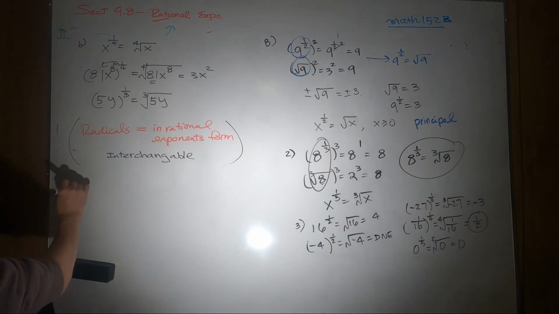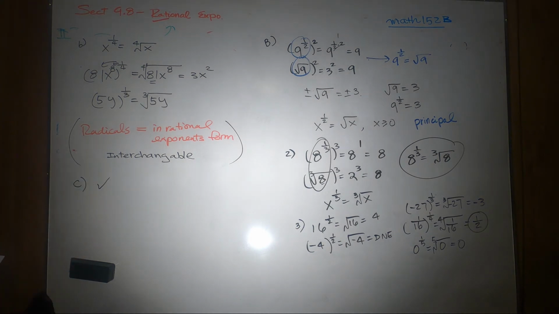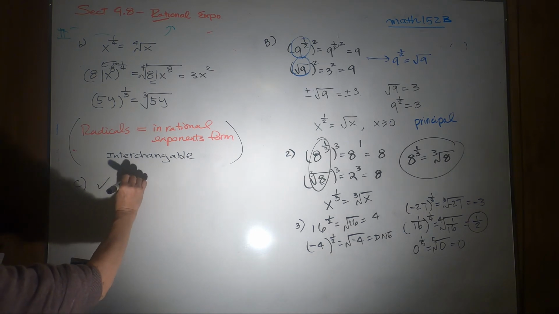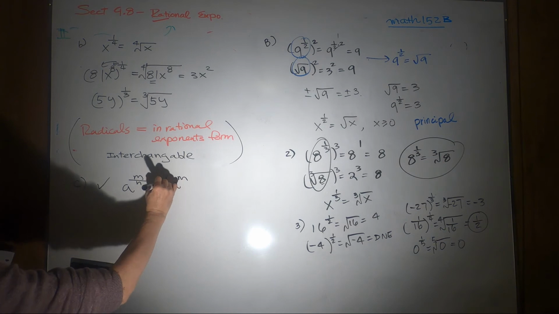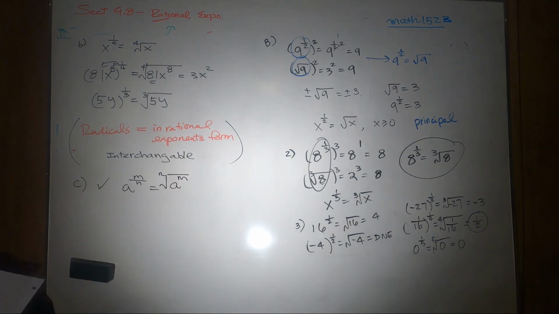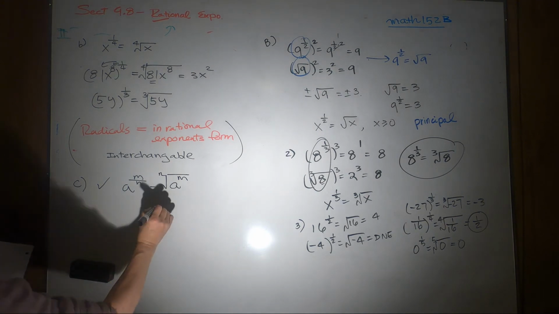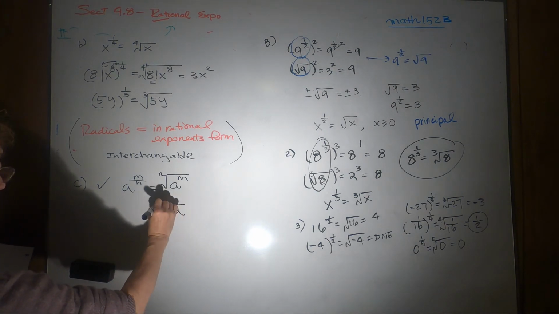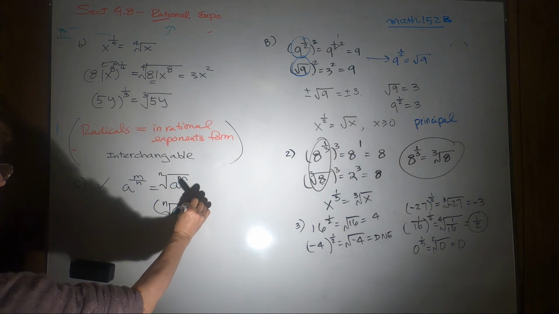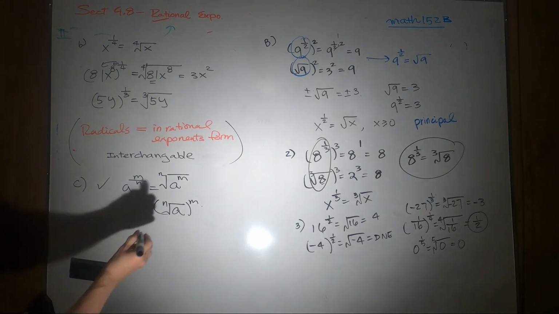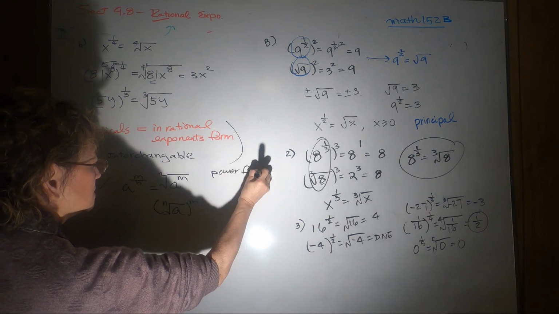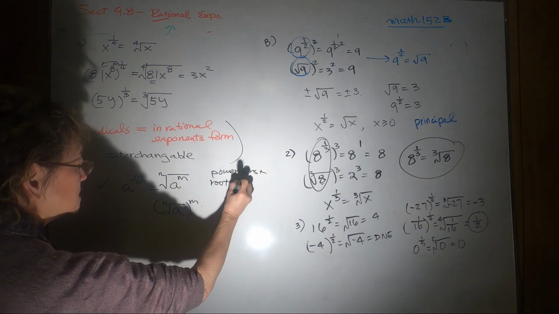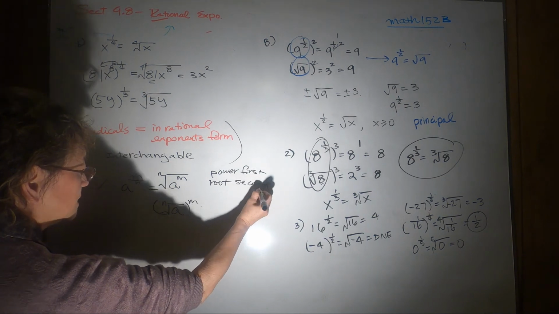Then the next one, we already talked about it. So we say a^m to the 1/n power is the same thing as a^m, take a power first, then root second, right? Or we can take the root first, then power second. So this one is power first, then root second, right?